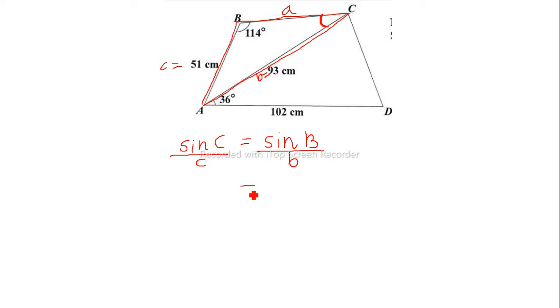And so it's going to be equal to sine of, what is capital B? 114. What is small b? 93.